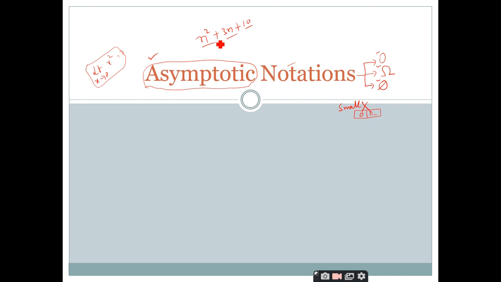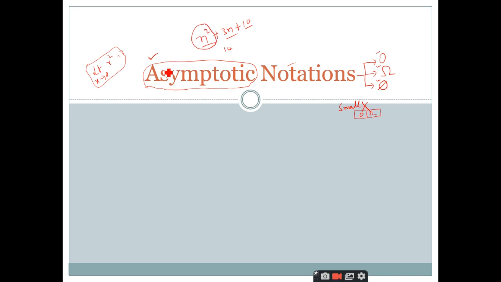So I want to make these multiple terms reach a particular value, which should be almost equal to this value. For example, if n is equal to 1, what is the value we have? It is 14, something like that, right? So you apply some mathematical operations on n square plus 3n plus 10 such that it moves towards a particular value.